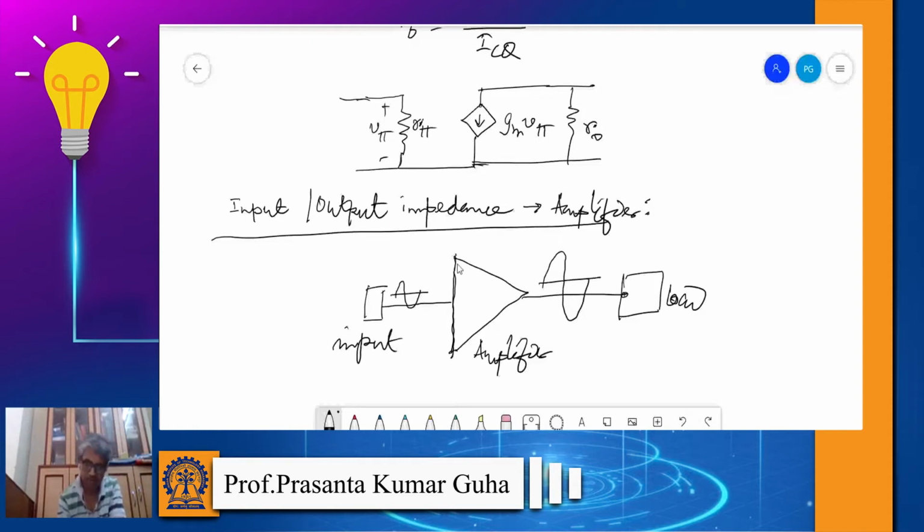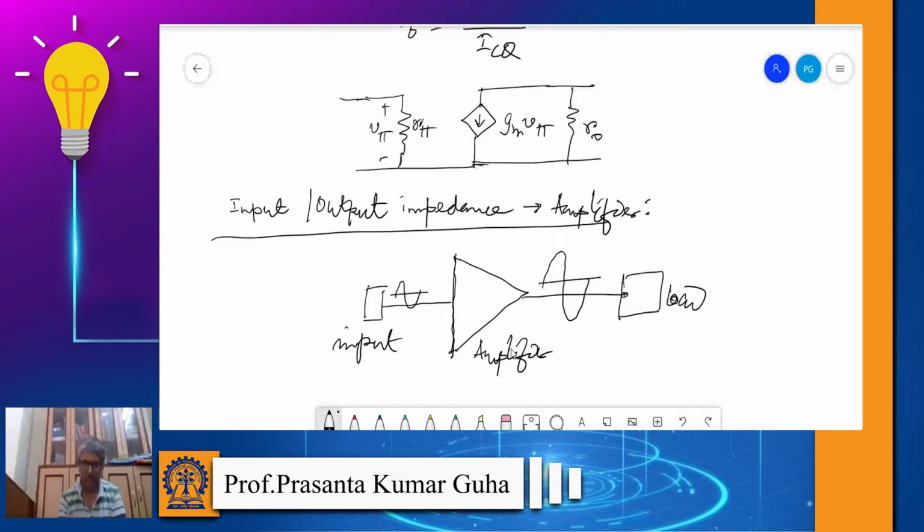So the input and output impedance of the amplifier is very, very important. How is it important? We can intuitively guess what kind of input and output impedance the amplifier should possess.